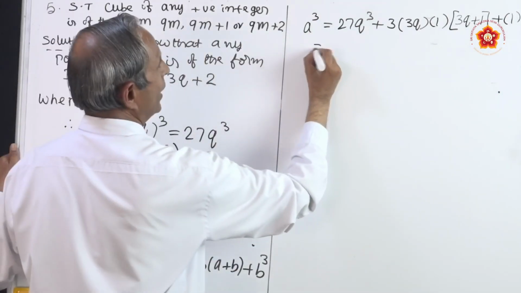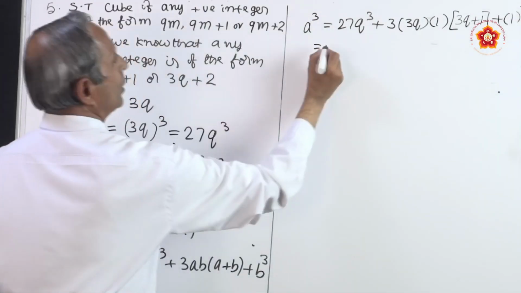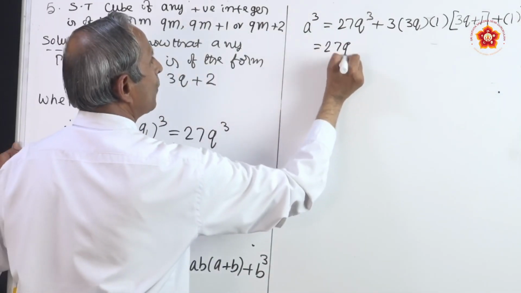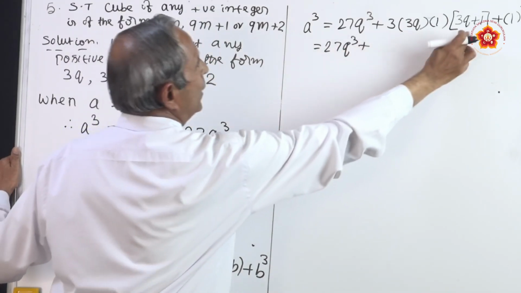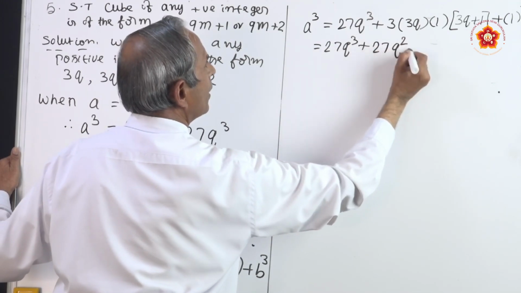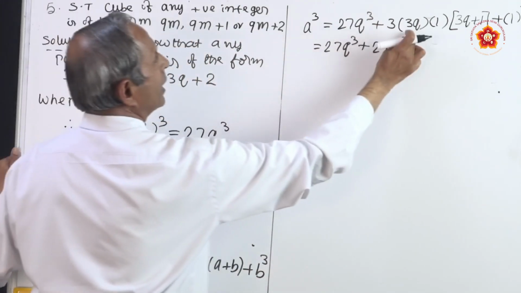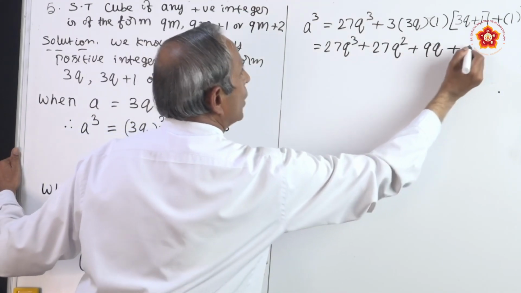Now let us simplify it. You will get 27q cube plus 3 threes are 9, 9 into 3, 27q square plus 9 into 1, 9q, plus 1 cube is 1.